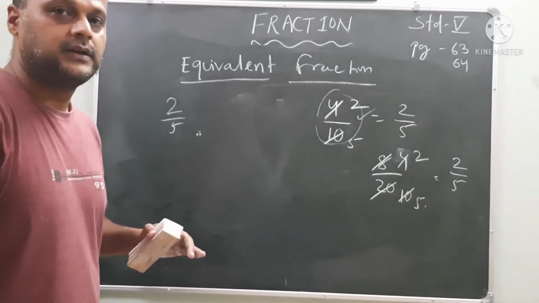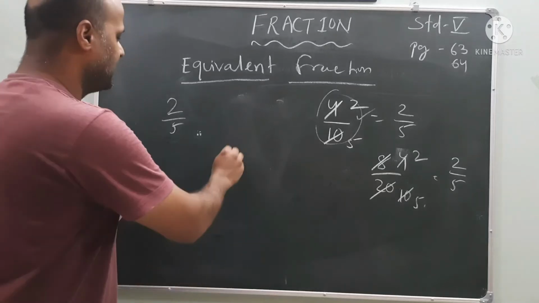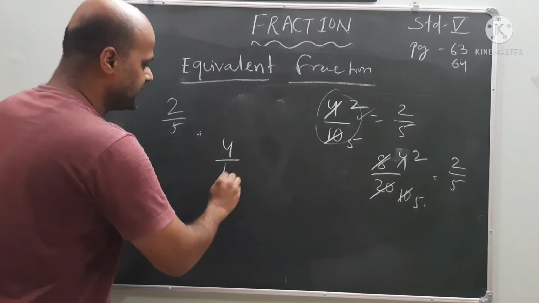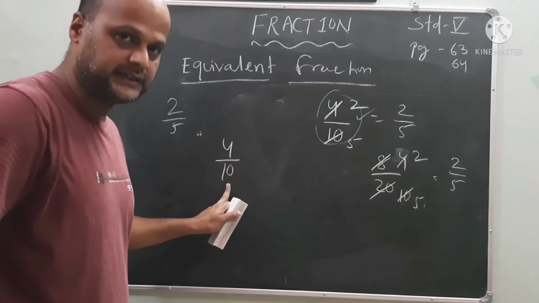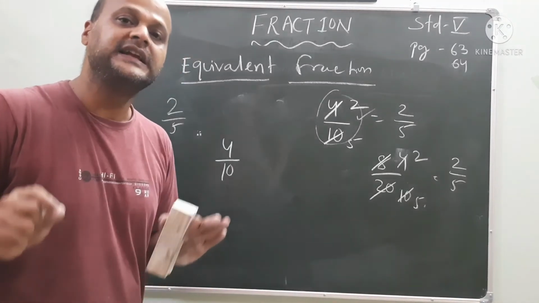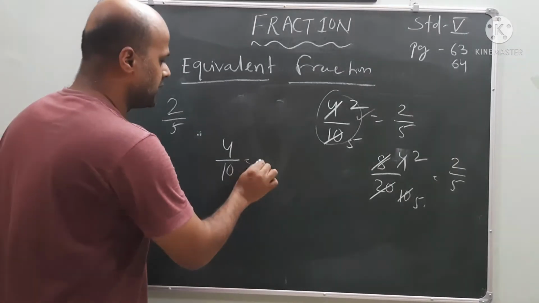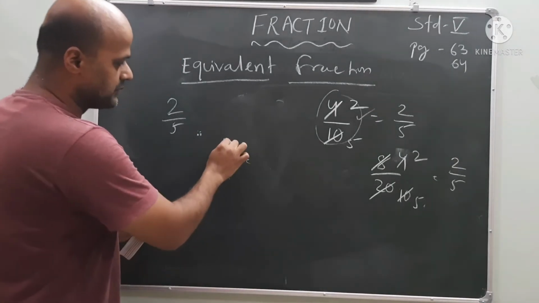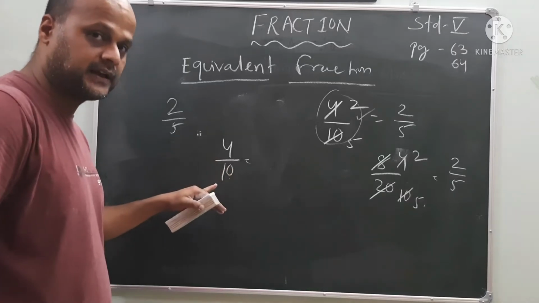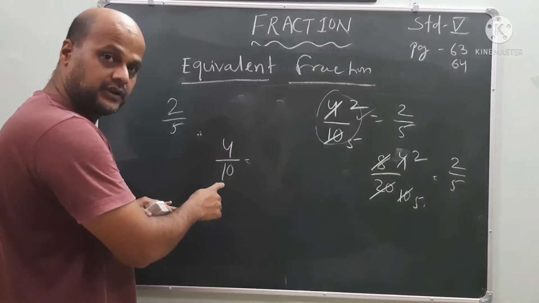Here in your textbook there is a question: write this one into lowest form by using divisibility, by dividing the number. Divide by which table both numbers are there? 2 table. 4 is an even number, 10 is also an even number.